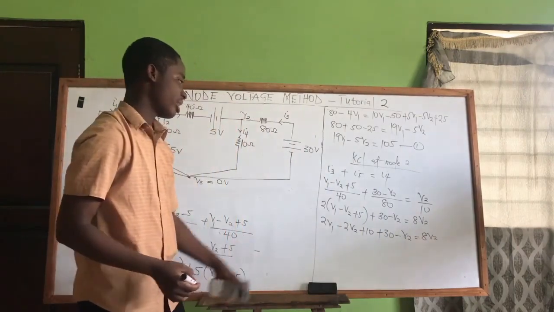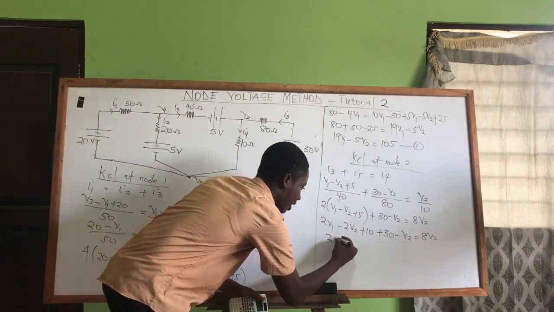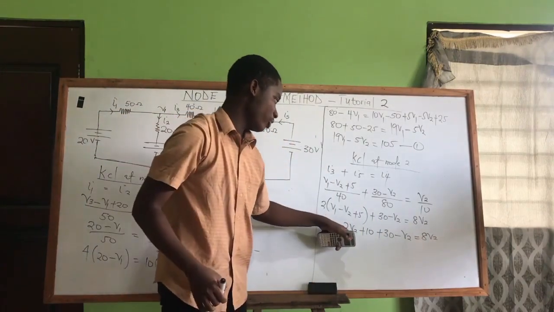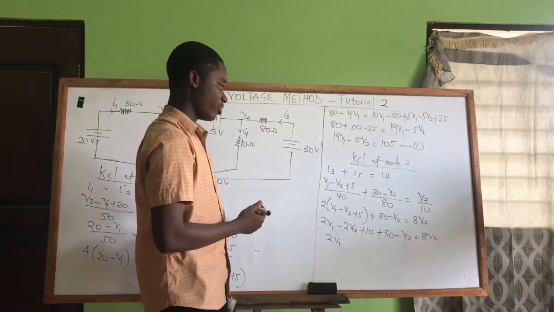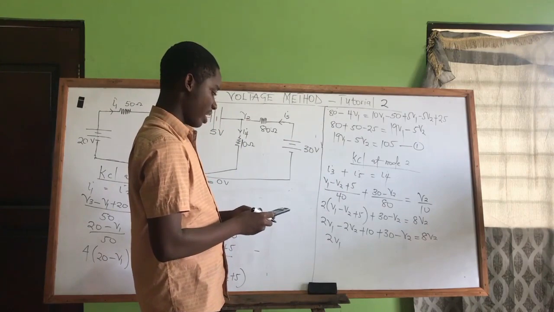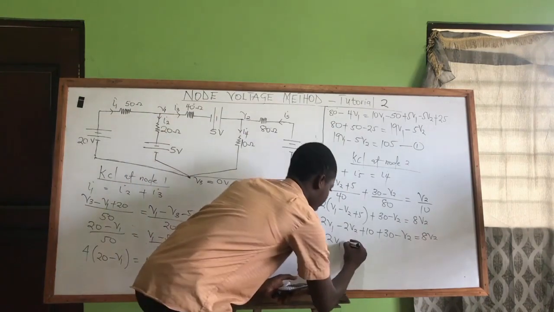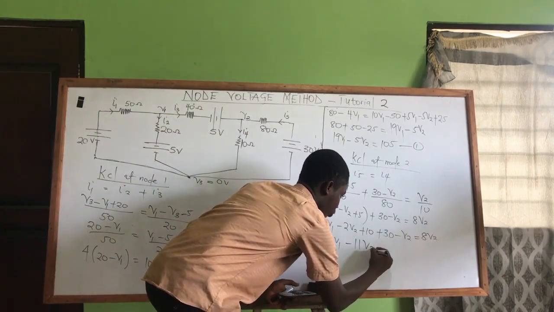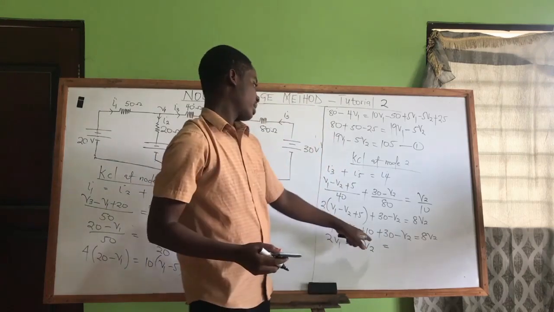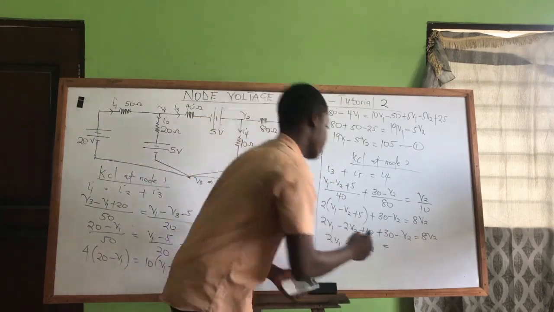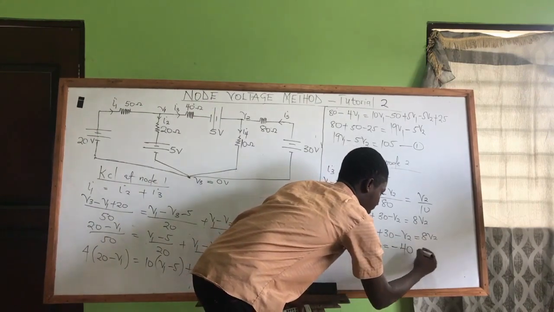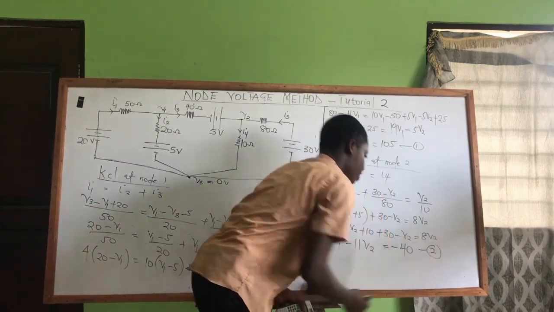So let's do the like terms. Let's bring the V2 to this side. Minus 2 minus 1 minus 8 gives us minus 11V2 is equal to minus 10 minus 30, giving us minus 40.